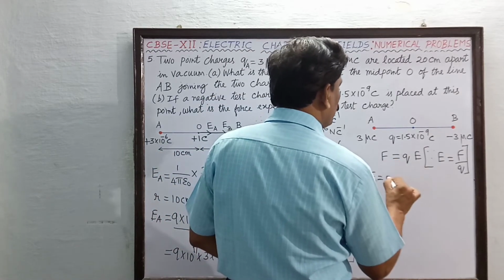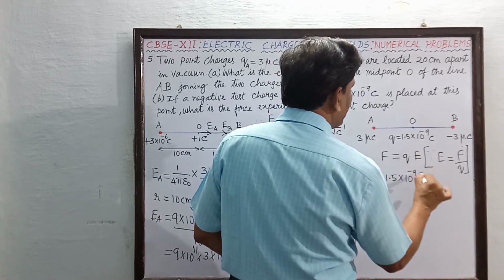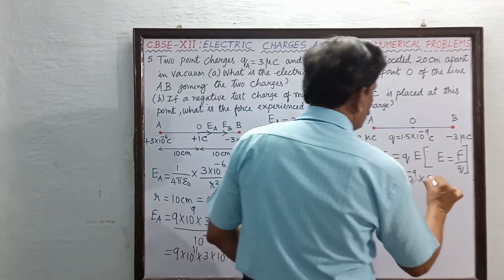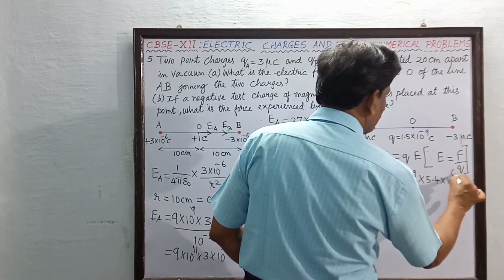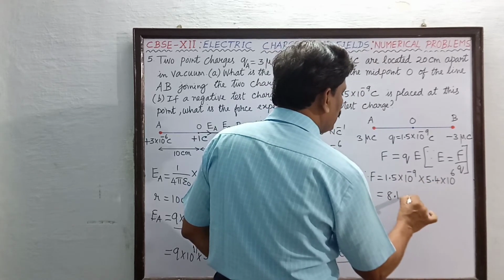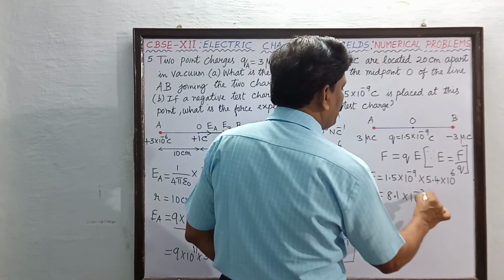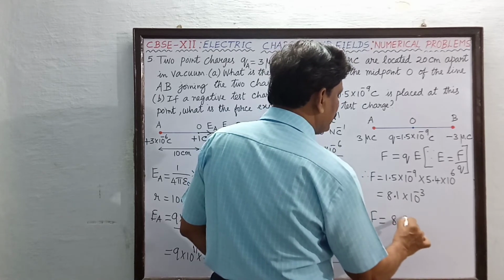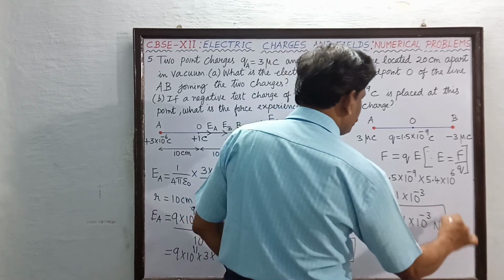F is equal to Q, which is 1.5 into 10 to the power of minus 9, multiplied by the electric field intensity 5.4 into 10 to the power of plus 6. If you multiply, it will be equal to 8.1 into 10 to the power of plus 6 minus 9, which is minus 3. Therefore, the force experienced by the charge is 8.1 into 10 to the power of minus 3 Newton.